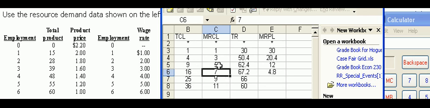So we'd stop short right here and only hire up to the point where marginal resource cost for labor is just a little bit less than the marginal revenue product for labor. And of course, that is at the total cost for labor, which would be the third worker.